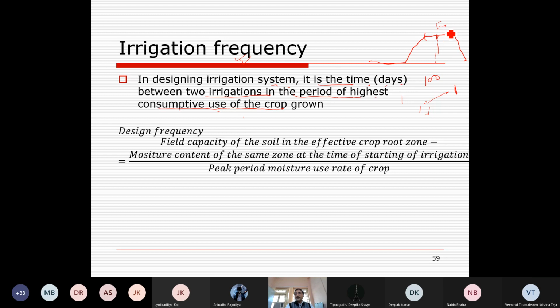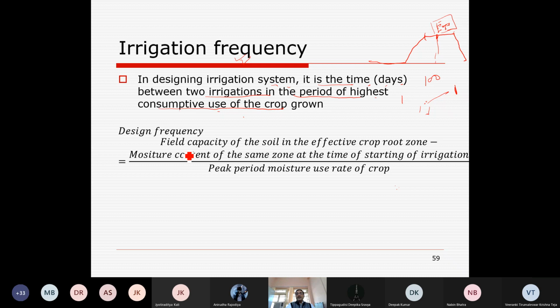So ET is highest here. Design frequency means the system, say our pump, supply line or source of water, should be designed in such a way that it can supply this maximum use of water and support this.